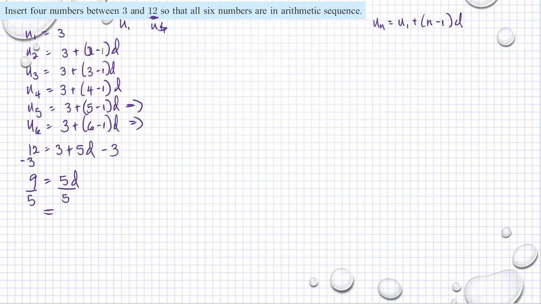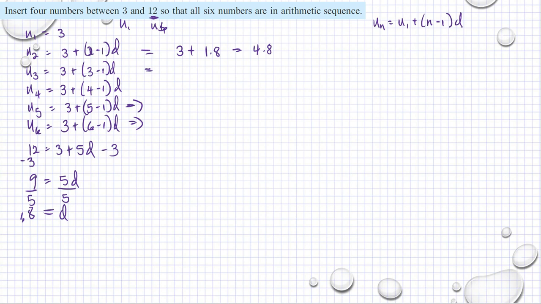Then we have 1.8. 9 over 5 is 1.8. Yes, that's our difference. So our u sub 2 now is equal to 3 plus 1.8. Then we have 4.8.